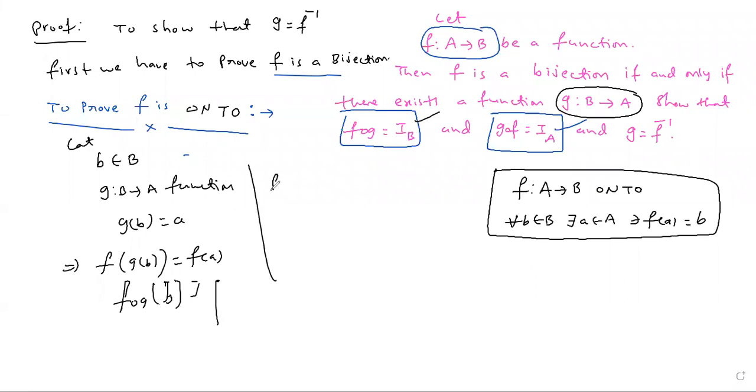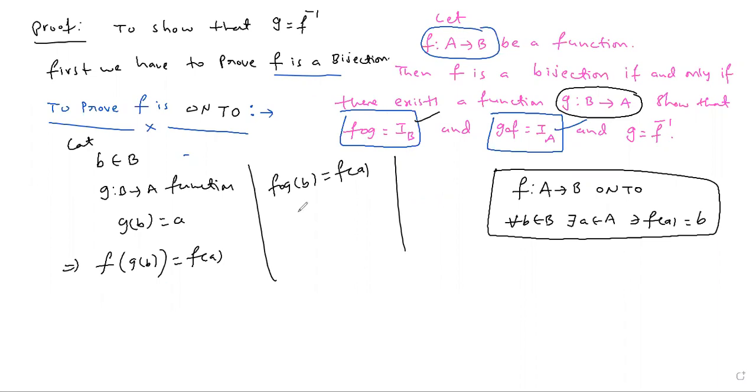I am writing it right here. F circle G of b is equal to F of a. F of G of b is nothing but F circle G of b. What is F circle G?